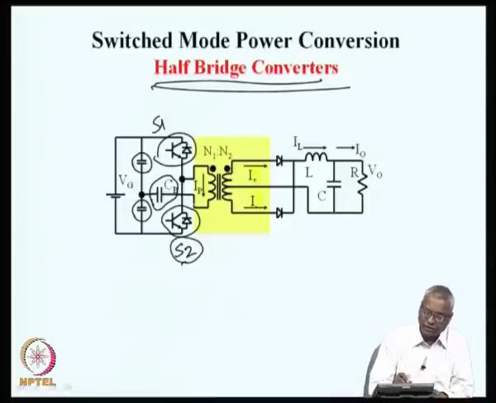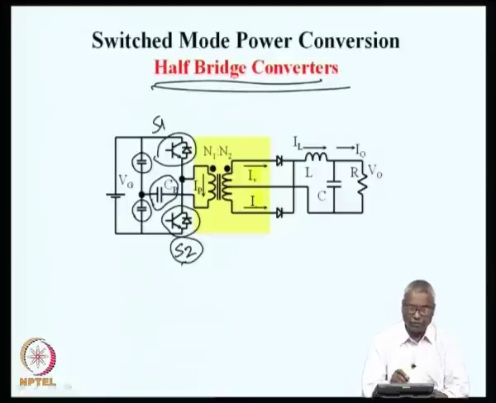So, in such a case, the transformer primary is subjected to half the supply voltage when the top switch is on, with positive polarity.